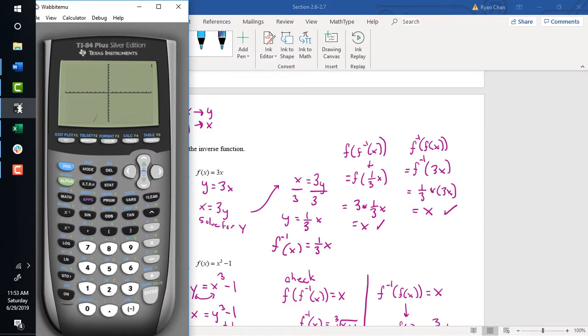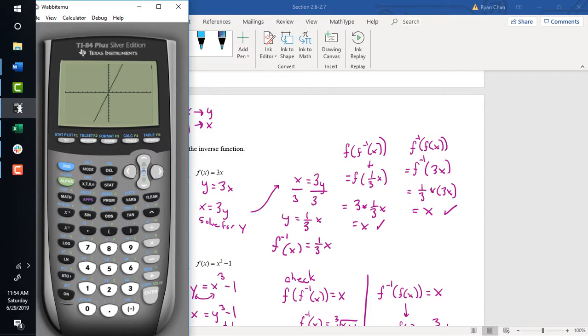So I graph 3x and I graph 1/3 x. Notice I get the following right here. Okay. These two graphs, right? If I graph y equals x, notice here. So let me just do the following. Let me graph y equals x.